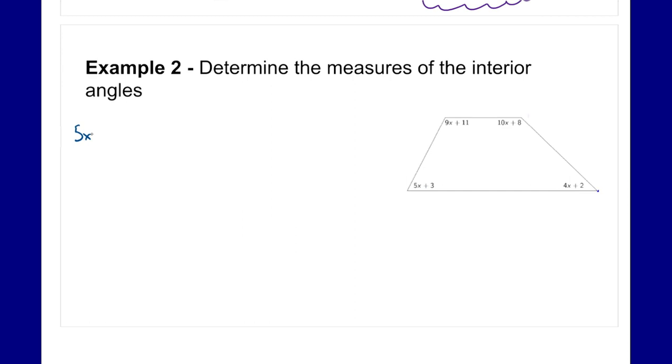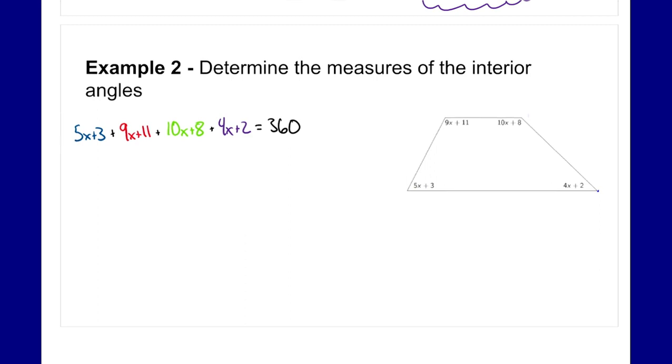So 5x plus 3 plus 9x plus 11 plus 10x plus 8 plus 4x plus 2 has to equal 360 degrees. Because it's a quadrilateral, it's a four-sided figure, so all those angles have to add up to 360 degrees.